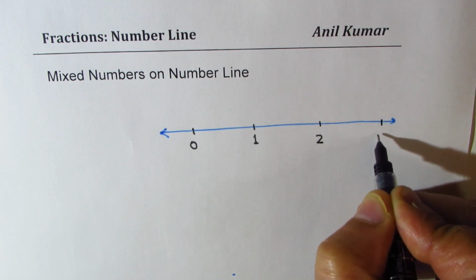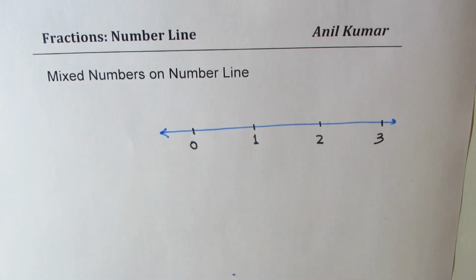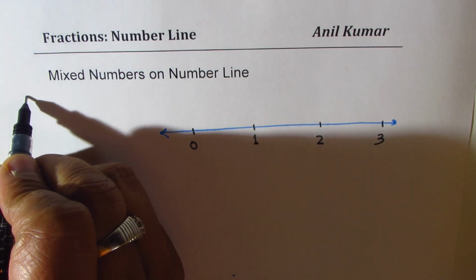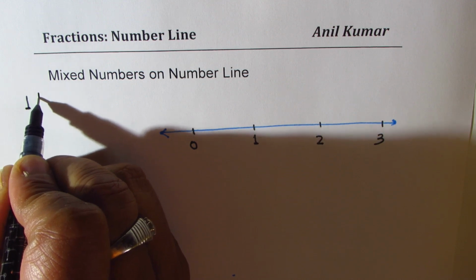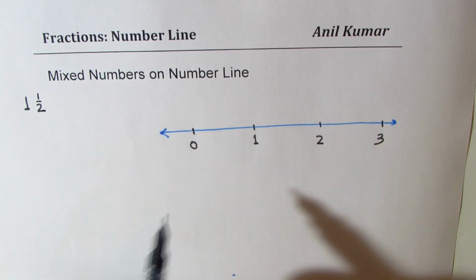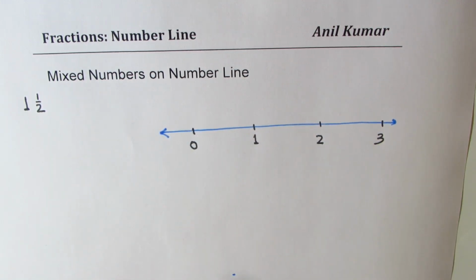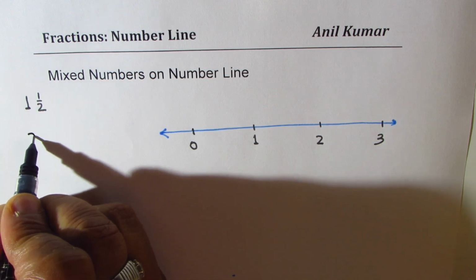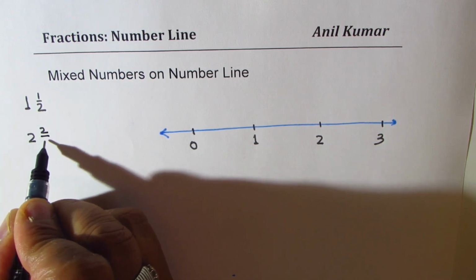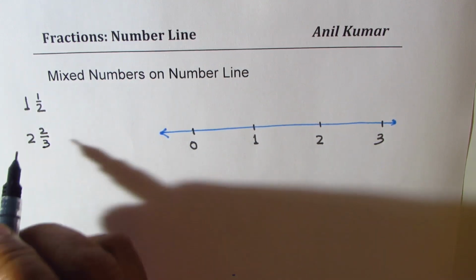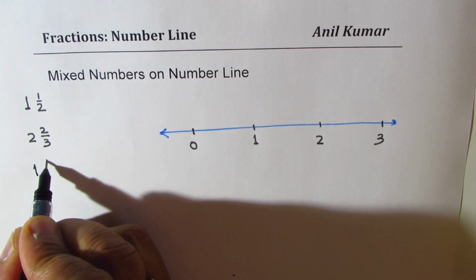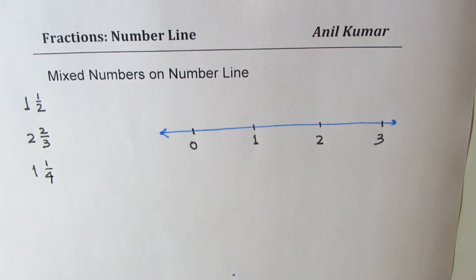Let's say this is the third unit. These are equally spaced on a number line. We'll take up example to understand how to place 1.5, which is more than 1, on this particular line. Or let's say 2 over 3. Let's also see how to place 1 out of 4 on a number line.